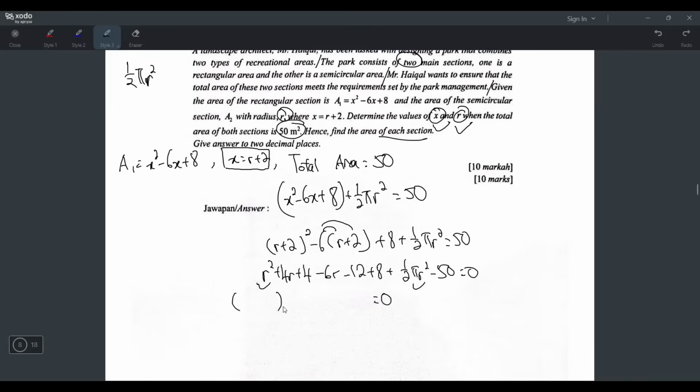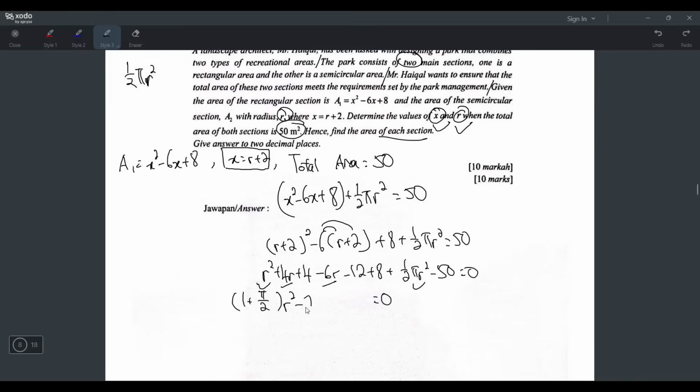So what I can do is factorize out the r squared, and then the bracket will be left with 1 plus 1 over 2 pi. Or you can write pi over 2. I think writing like that is better, more simple. And then the next one, I kena tengok yang ada r lah. So 4r minus 6r. That's all right. Okay, itu saja.